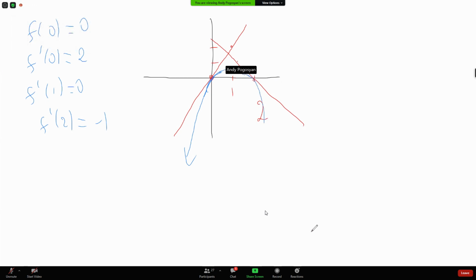So this just goes up, we have horizontal here, and that's your graph. And this part can go this way, it doesn't have to be this way. So at 0, the slope is 2. At 2, it's -1. At 1, it's 0. This is number 1.